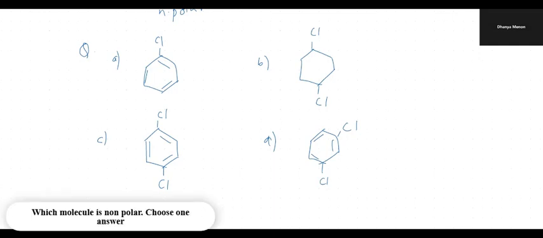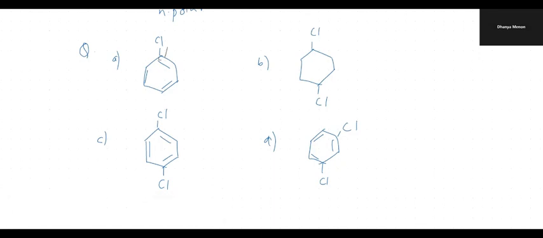Now in the first case, this is all carbon, right? So I have the dipole from carbon to chlorine. Yes. So this molecule is polar, right? In this case, carbon to chlorine, both cancel each other.